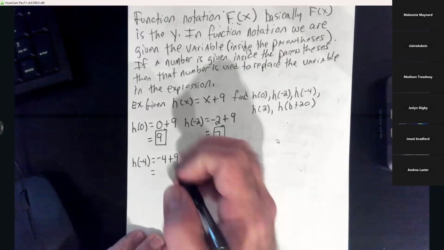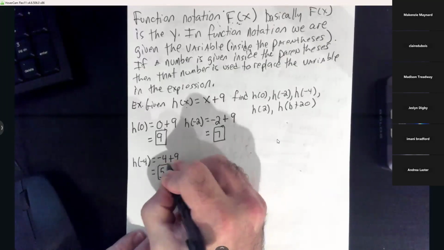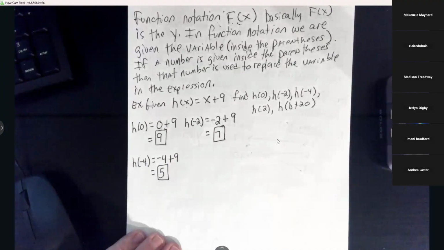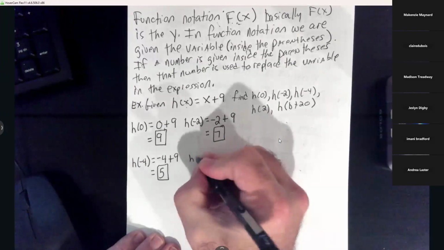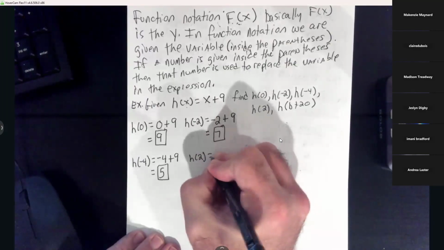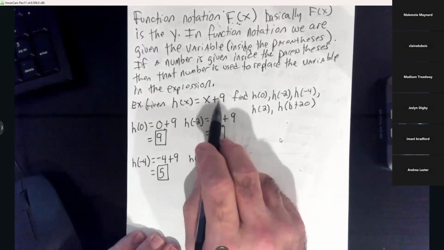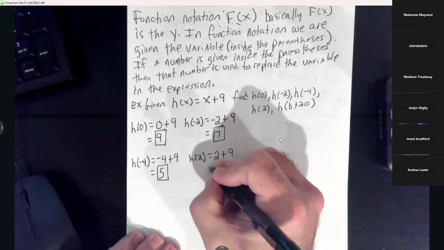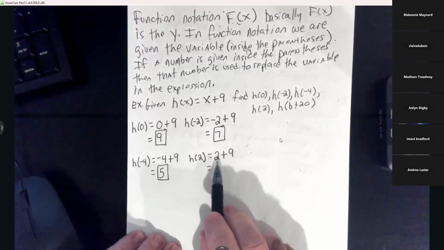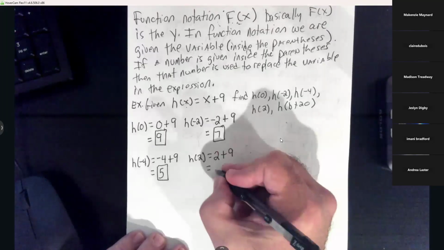Since my larger number is positive, that's going to be a positive 5. Then I got h of 2. So put a 2 in for the x. That's going to give me 2 plus 9, which is 11.